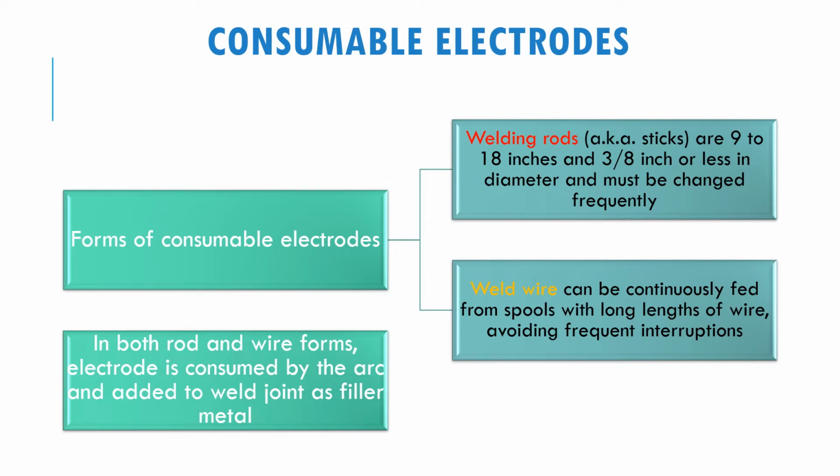If you use a welding rod, once it's finished you have to change it and use a new one, but with weld wire it can be done continuously. In both rod and wire form, the electrode is consumed by the arc and added to the weld joint as filler metal.